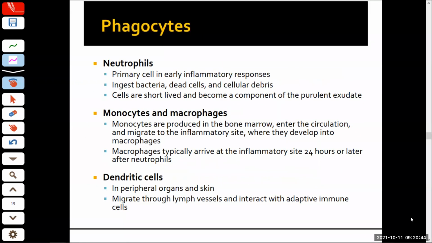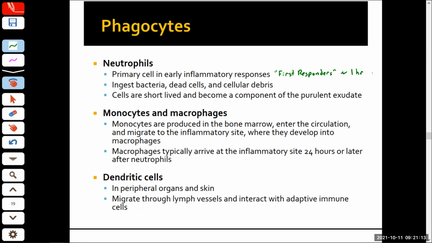And a little bit more reading, but again, this is going to go pretty quickly. Neutrophils, they are your primary cell in the inflammatory response. These are like your first responders. Usually they get there within, I would say, usually within an hour.